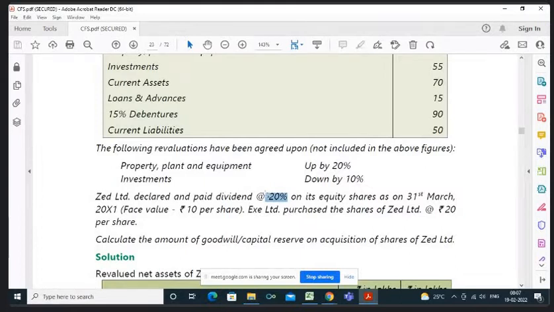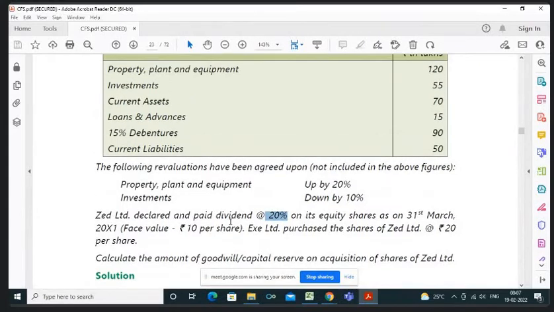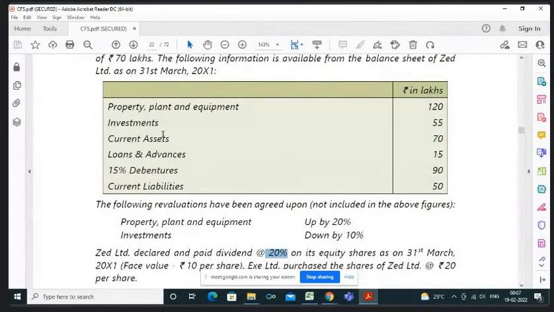So now we will proceed with the answer. We'll find out how much is the goodwill or capital reserve. First we have to find out the equity of the subsidiary. For the equity, what are the two different approaches possible? One is capital plus reserves and surplus. Is there any amount of capital given? No. Any details about reserves and surplus given?